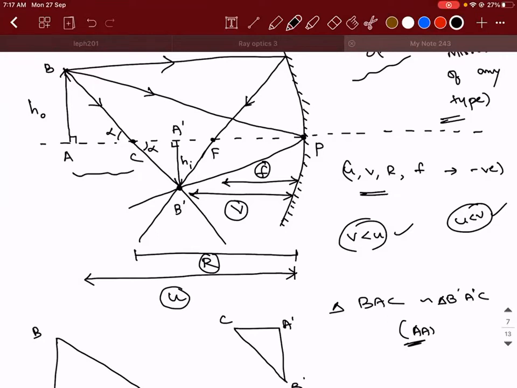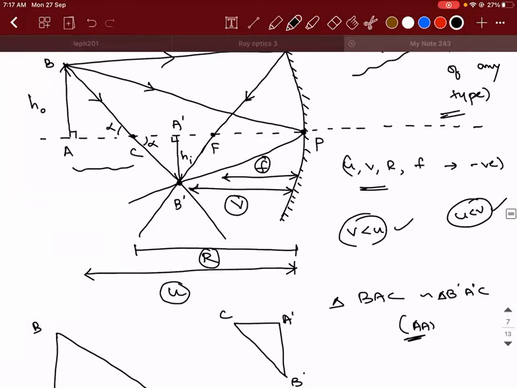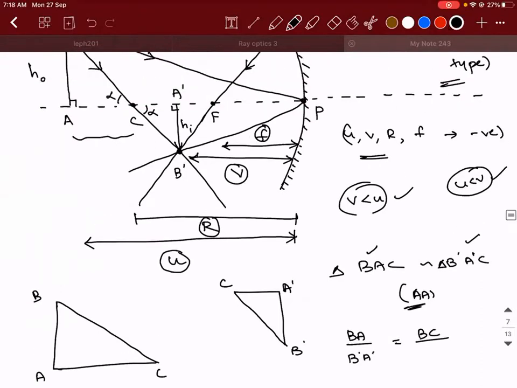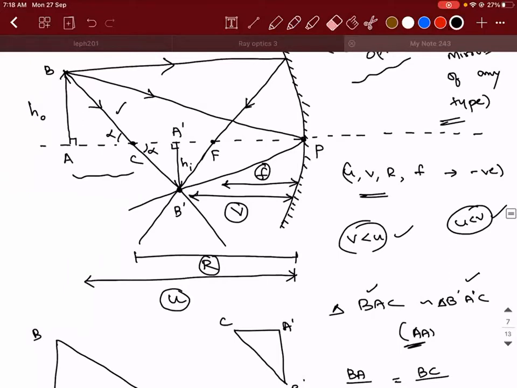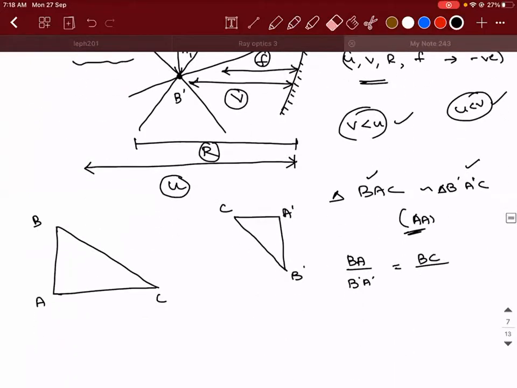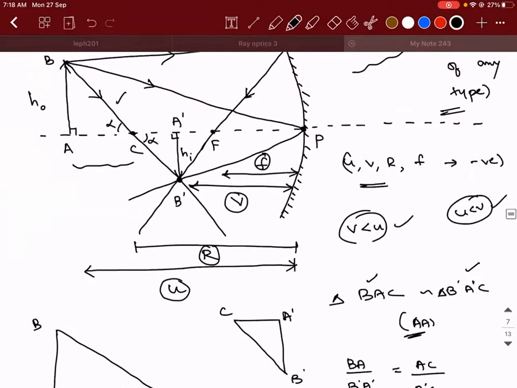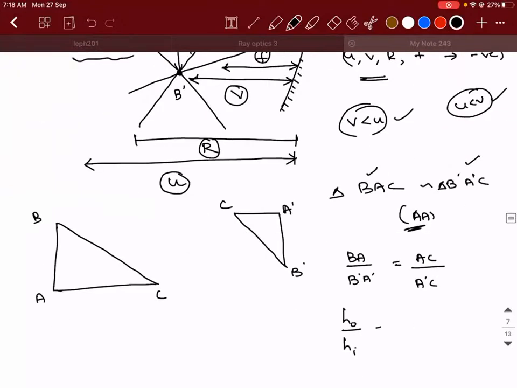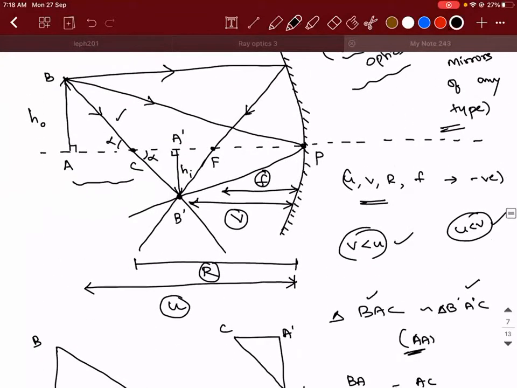Triangle BAC is similar to triangle B dash, A dash, C. So can I write BA divided by B dash, A dash is equal to BC? BC is of no use because BC is this length. So I'll not take BC. Can I write this to be equal to AC divided by A dash? So what is BA? H naught. B dash, A dash is HI. Is equal to, what is AC, guys?